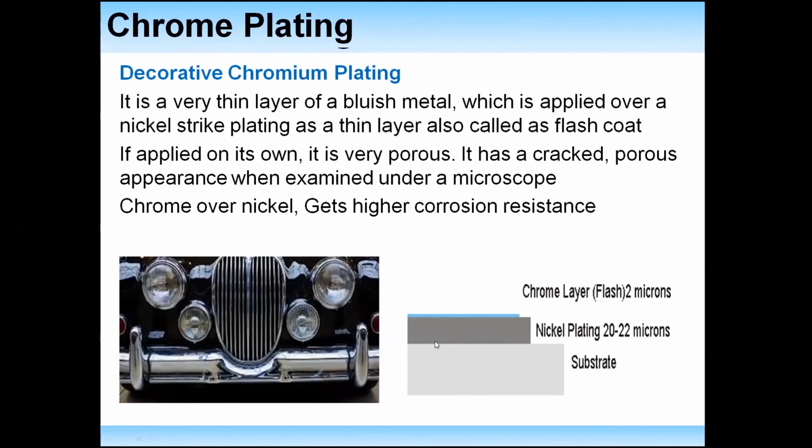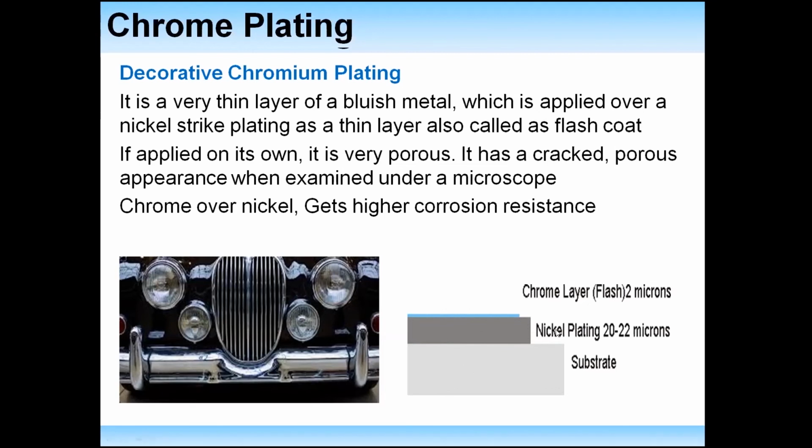So normally whatever imperfections are there on the substrate or base metal are covered here, and you get a very smooth and nice finish. And on top of it, you usually get about 2 microns of flash coat. We call it a flash coat. It's again an electroplating layer, but it's very thin, so we call it a flash coat.